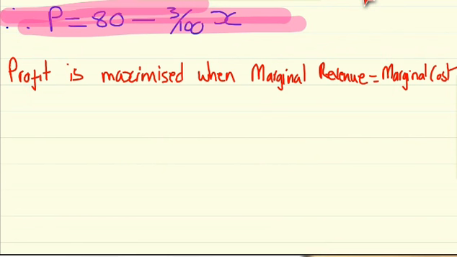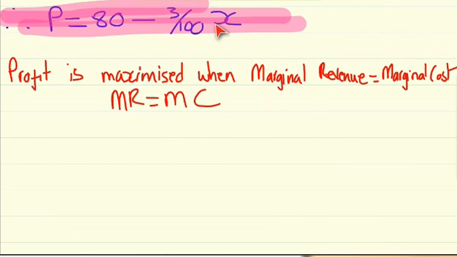That just means MR is equal to MC. So I'm going to get my MR and my MC and then solve for x here. That will be my profit maximizing output, and also I'll be able to get my price.